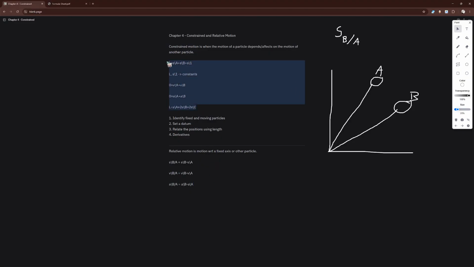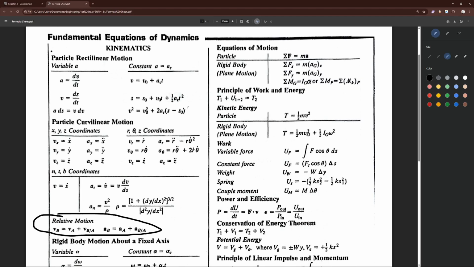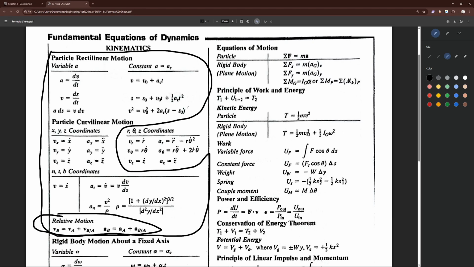This is going to be new when we do pulley questions, and the rest is just going to continue to be this, because this is all we know. So we've just unlocked another section of the formula sheet, which is what is circled, excluding these circular coordinates, cylindrical coordinates, because we don't care about that for now.